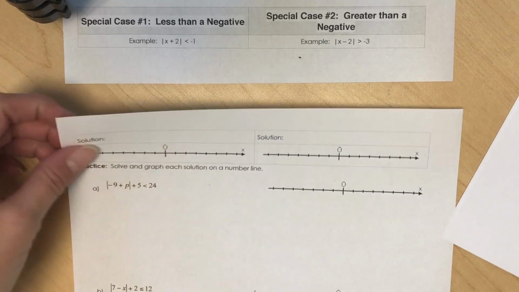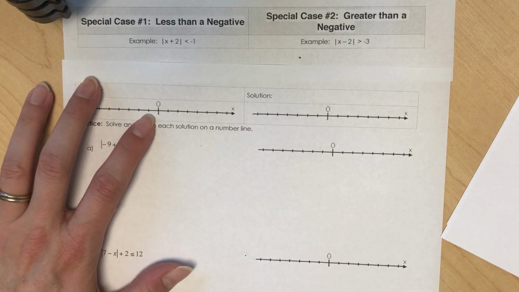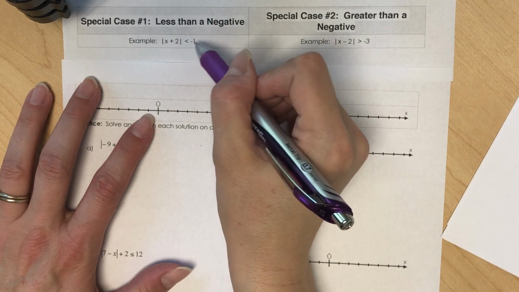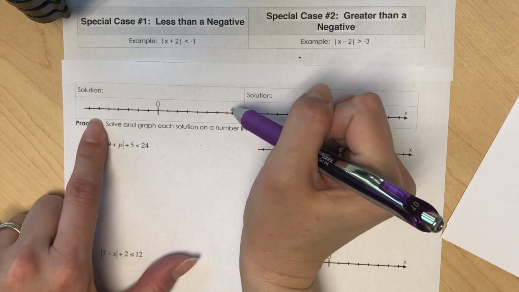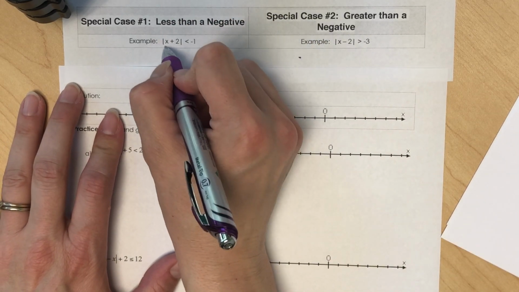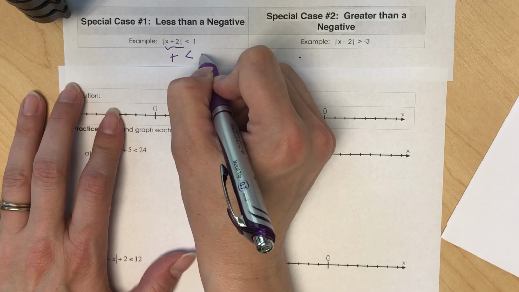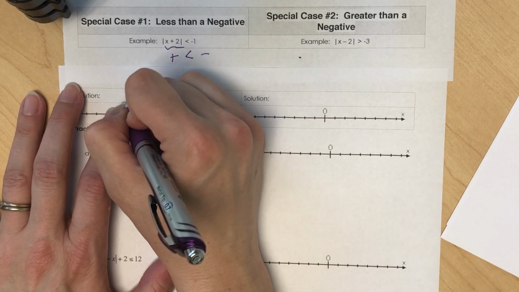We know that absolute value is always positive because you're measuring distance with absolute value. So an absolute value less than a negative, there's nothing to graph on your number line, because since your absolute value is always positive, you cannot have a positive less than a negative. That's impossible, so that would be no solution.